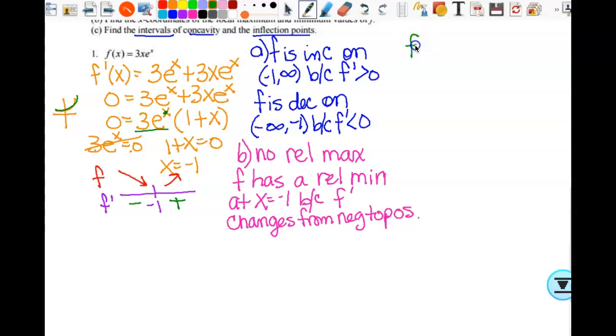So f double prime of x equals, maybe I need more room for that. Just move over a little bit. f double prime of x, because I have to write big. All right. So I'm taking the derivative here. What's the derivative of 3e to the x? 3e to the x.